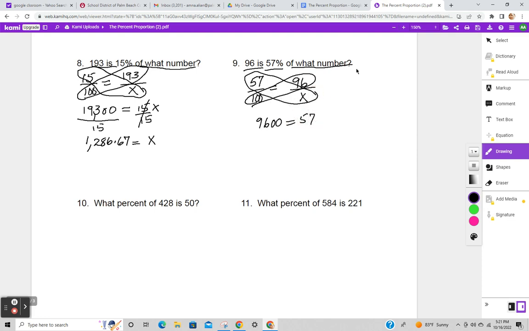I'll have 57x. Divide both sides by 57 so we can get x by itself. And we're going to get 168.42. That's the value for x. And that should be an equal sign here.